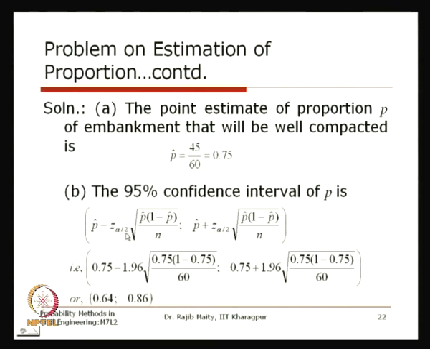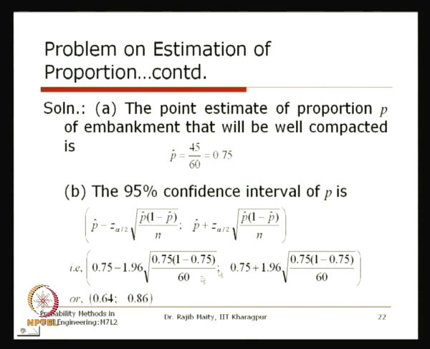Here, z alpha by 2 in the case of the 95% confidence level, as we saw in the last lecture also, is 1.96. So, 0.75 minus 1.96 times the square root of this magnitude, and 0.75 plus 1.96 times the square root of this magnitude, which is the variance of this estimate.